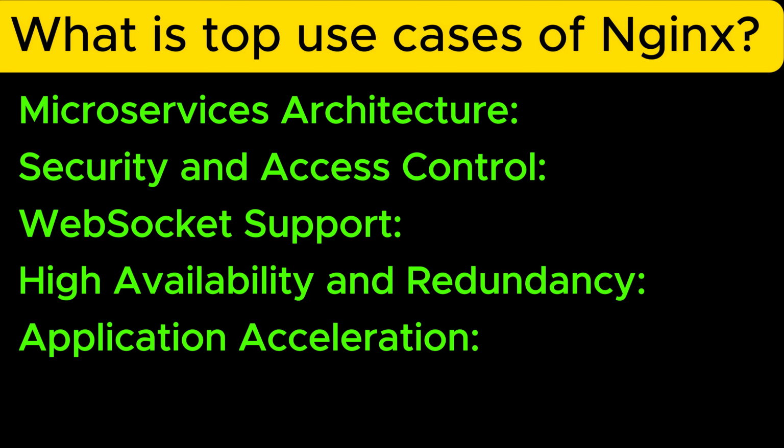Another main important benefit is security and access control. We can do whitelisting of IPs, set rate limiting, and block malicious requests. It helps protect web applications from common security threats as well.